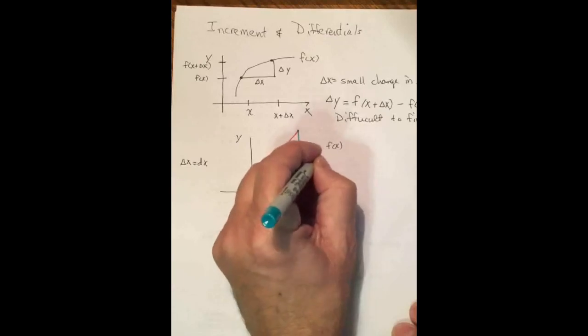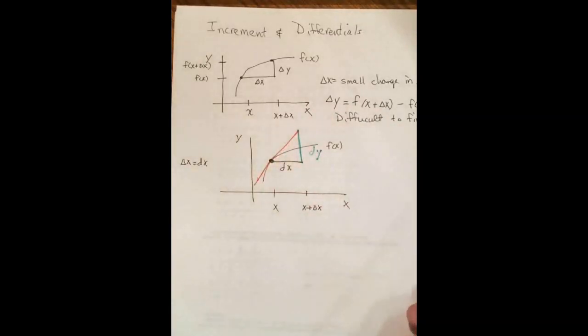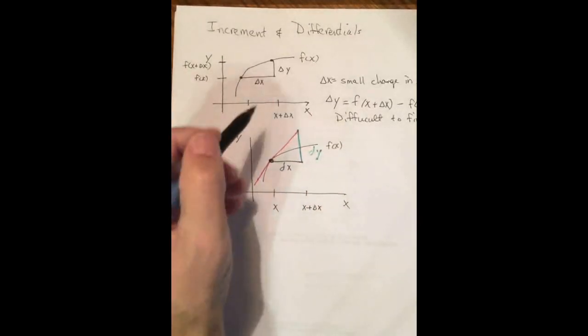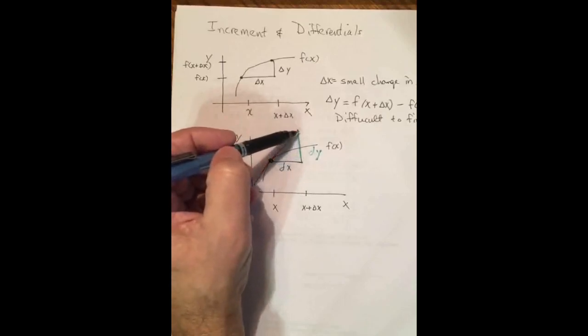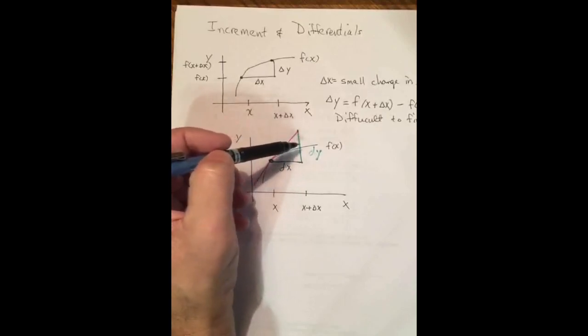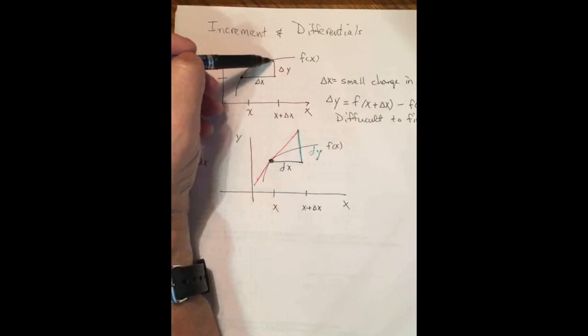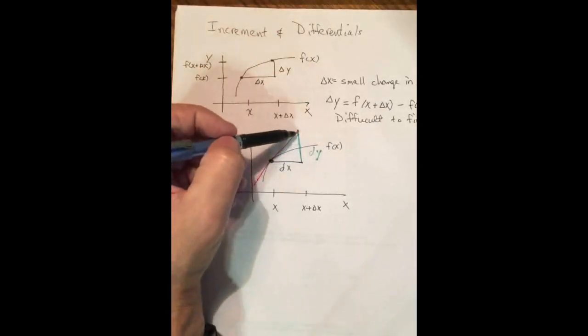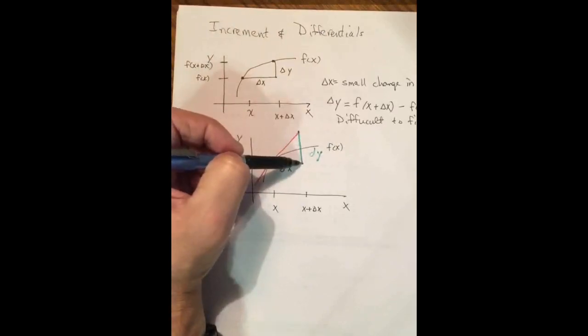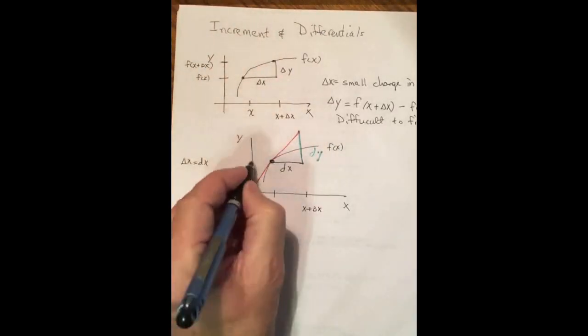That's the differential dy. Now, you learned in Calc 1 that if delta x is very small, the differential dy is a really good approximation to the true change in y, delta y. Delta y is the true change in y given a small change in x, whereas the differential dy is just the distance from the tangent line down to the original y value, here, f of x.